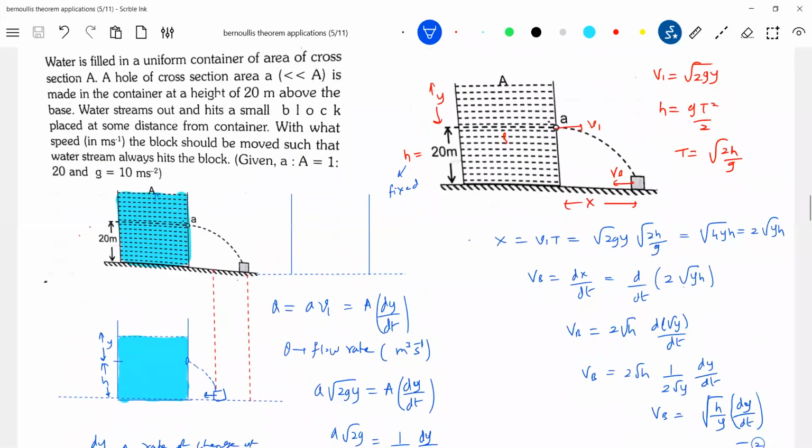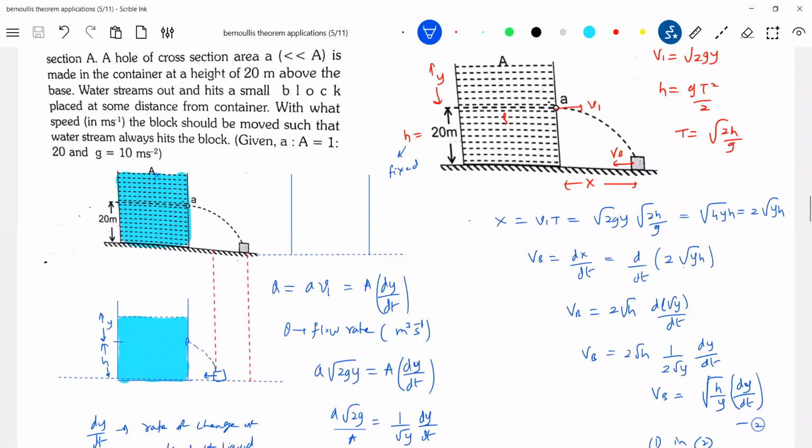Able to understand? No, 1 meter per second. Yeah, fine.